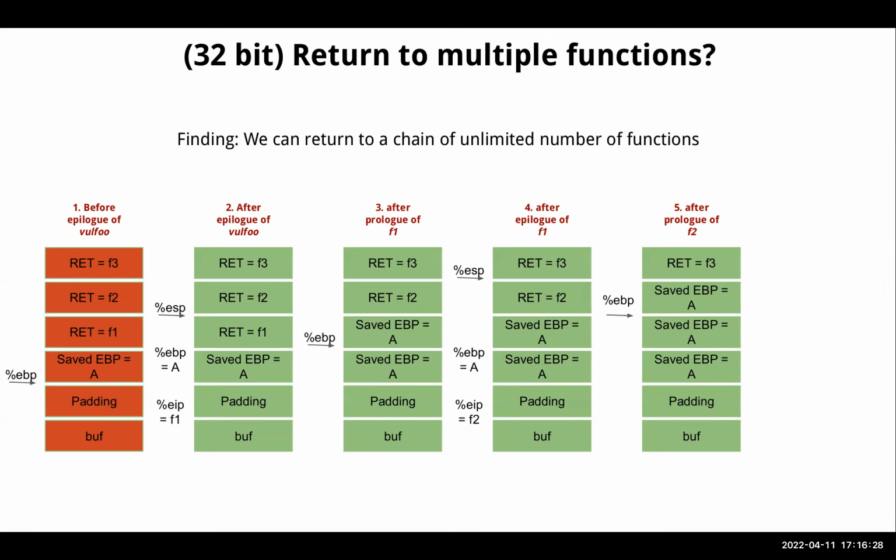In ROP, the only difference is that we are not going to return to a function in libc or other functions in the address space. We simply return to some pieces of code, gadgets, code sequences that end with a return instruction.